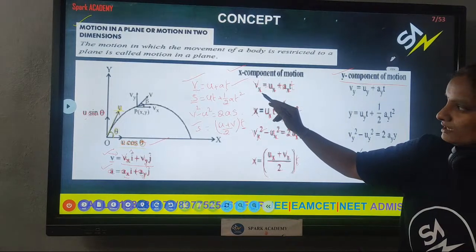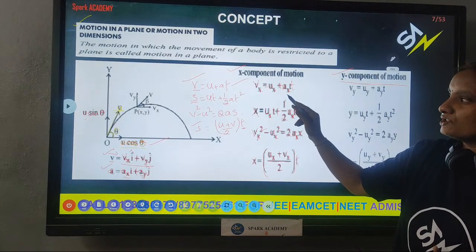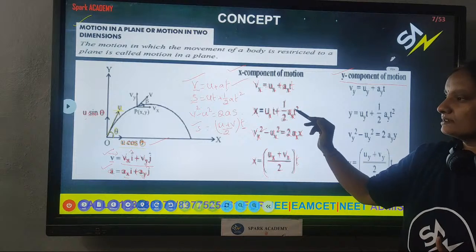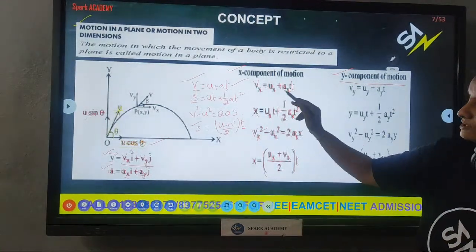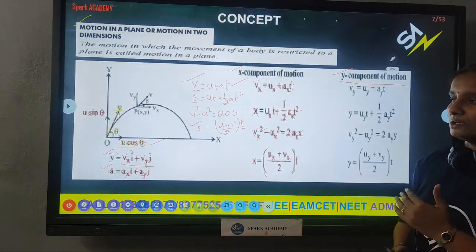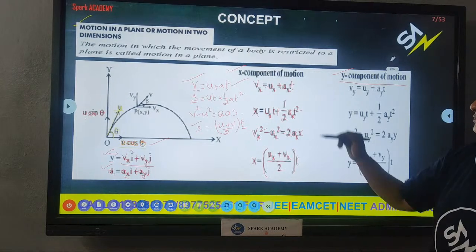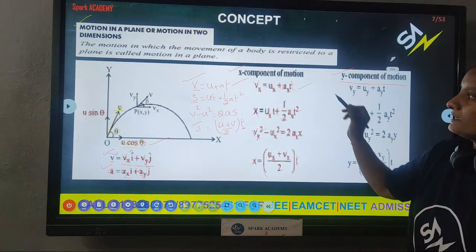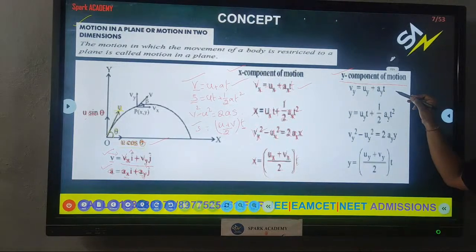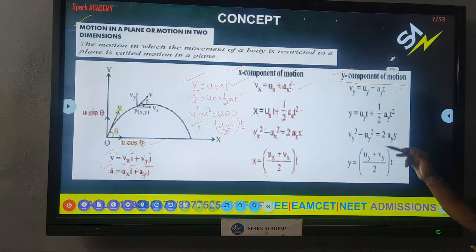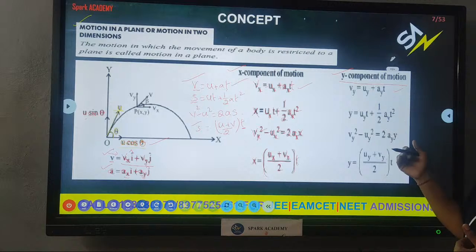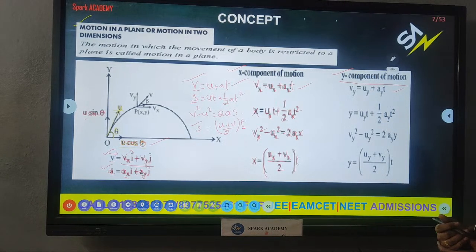So here we are taking components along x direction of those quantities, as velocity and acceleration both resolve into their components; here we take only x components. While describing the motion along y direction, we need to take the components along y direction, means components of velocity and acceleration along y direction.